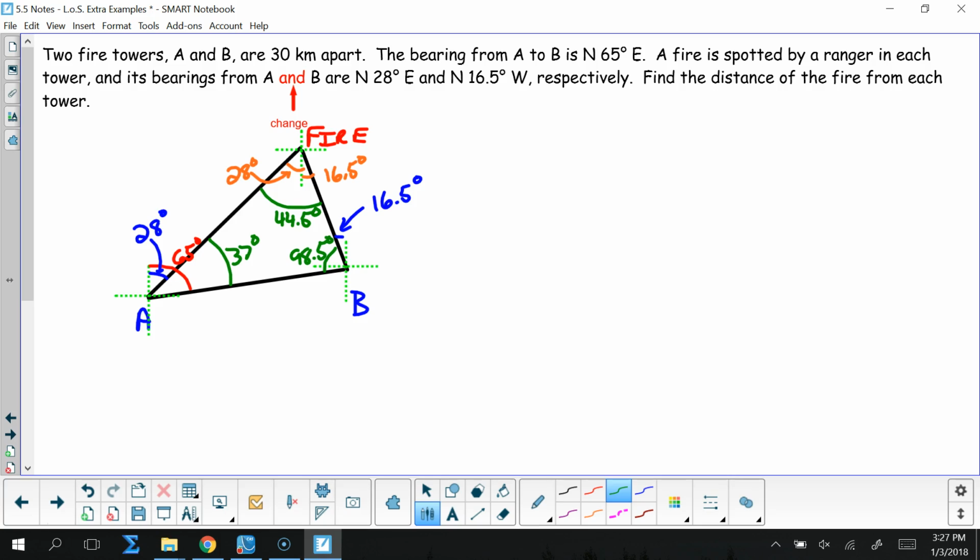Okay? So now we know that the towers are 30 kilometers apart. Now I have enough information to run my law of sines.